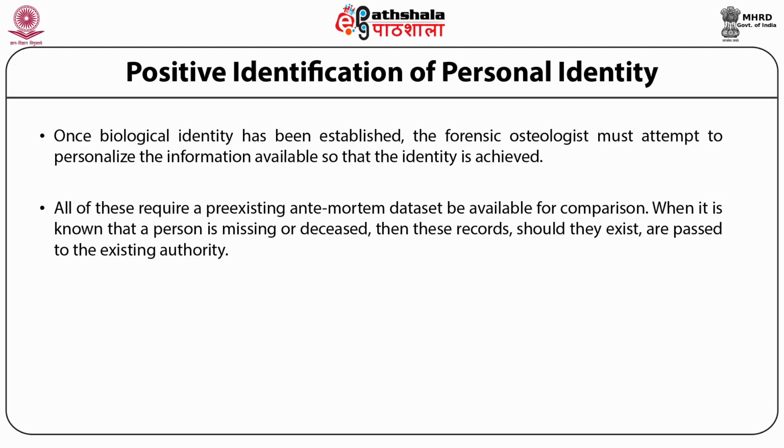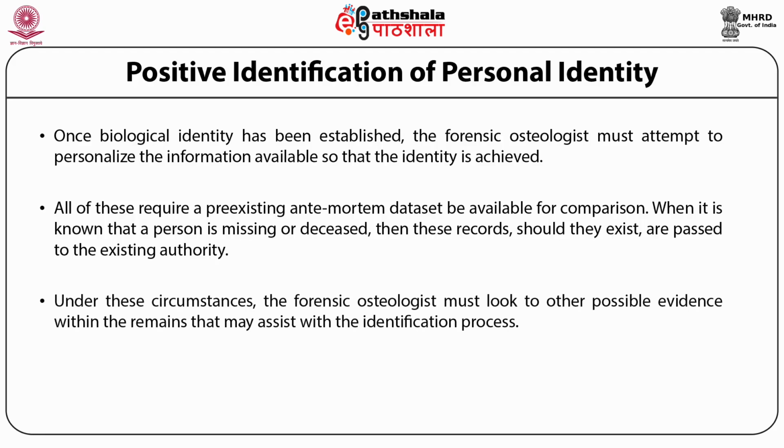When it is known that a person is missing or deceased, then these records, should they exist, are passed to the existing authority. However, when an unidentified set of remains are found, then dental records are of no value until a possible identity is achieved.